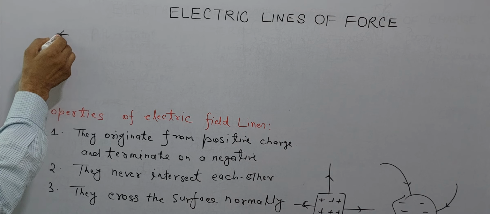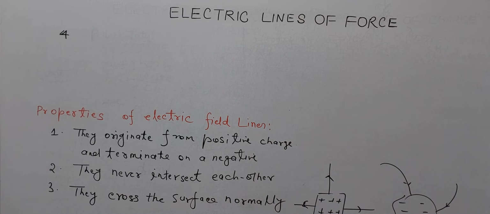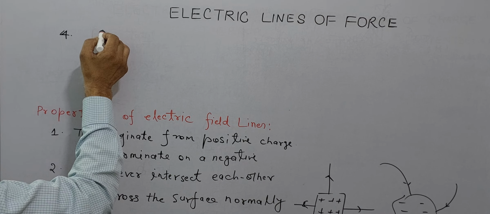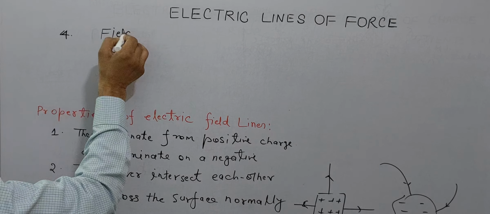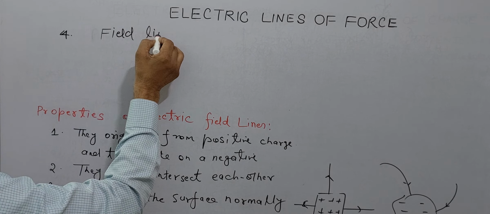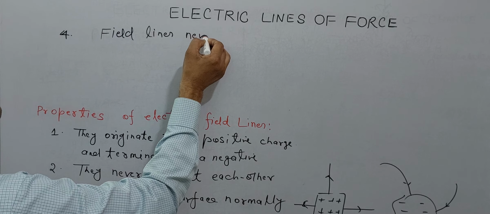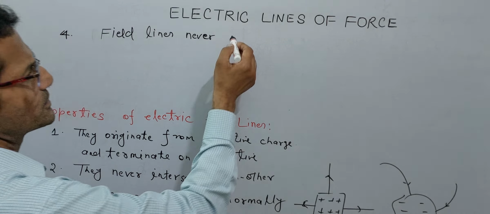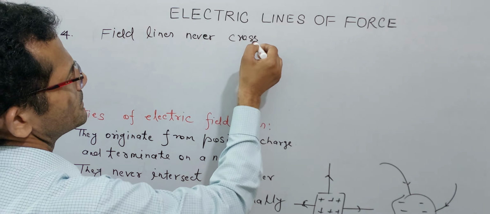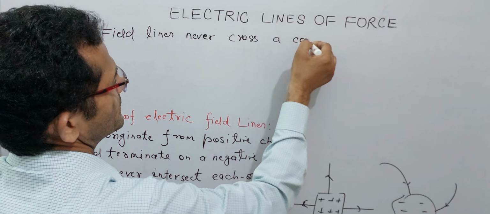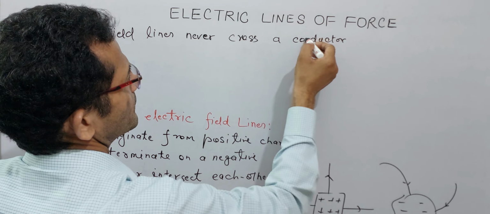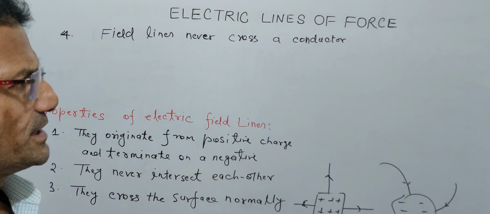Now the fourth point: in conductors there are no field lines. Field lines never cross a conductor, because there is no electric field inside it.